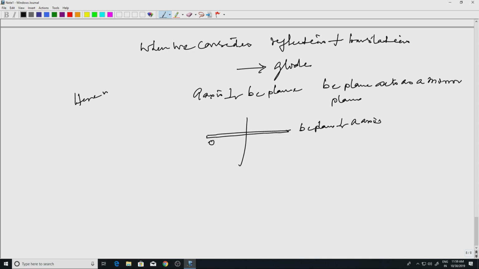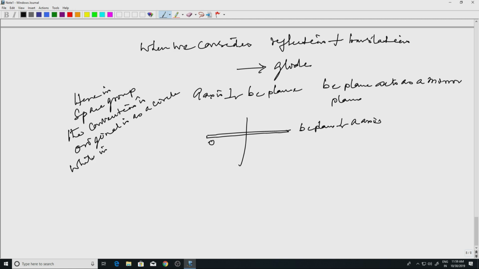Here in space group the convention is originally as a circle, while in point groups we consider dot and circle. So when this gets reflected, you get the image.